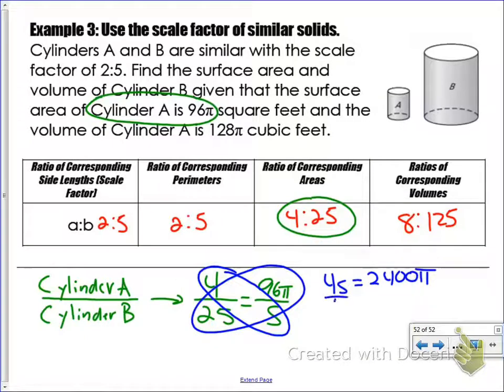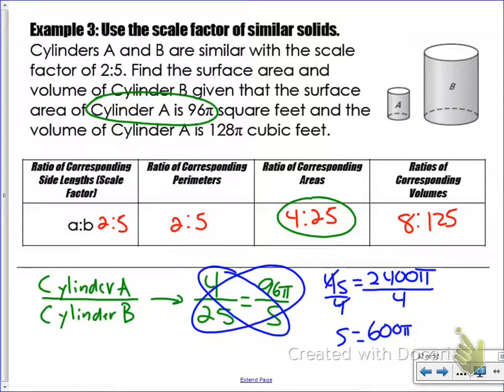And to solve for S, we'll divide both sides by 4. And S will be equal to 600 pi. And again, this is going to be in feet squared. So the surface area of cylinder B is going to be 600 pi feet squared.